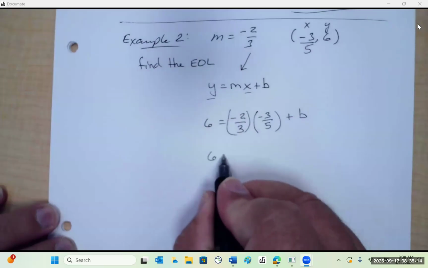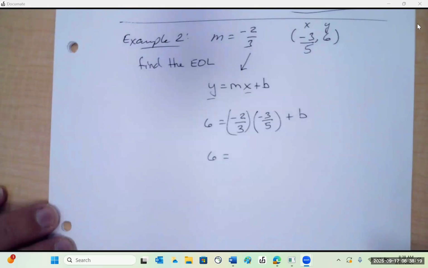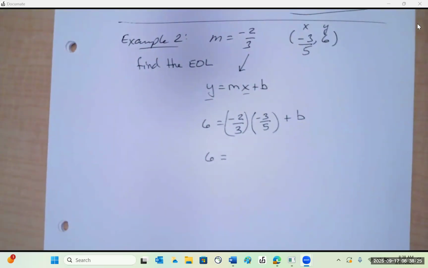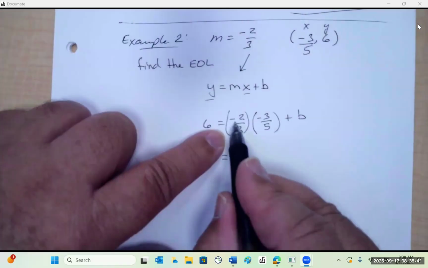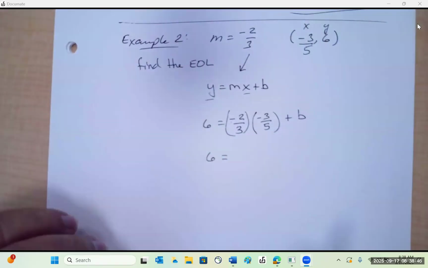So we have 6 equals. Can anything cancel here? Can anything on top cancel with anything on the bottom? Anybody? Okay, first off, negative times negative is going to be what? It's positive. So we don't have to worry about signs anymore.